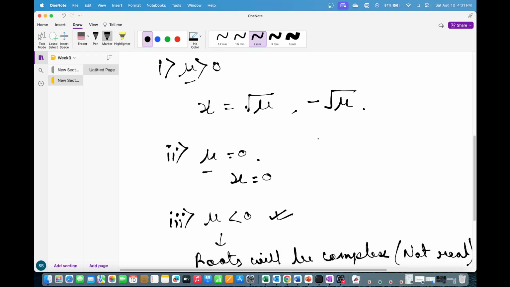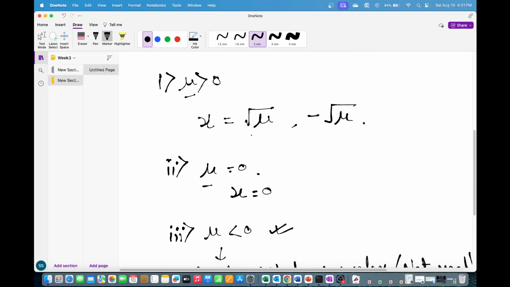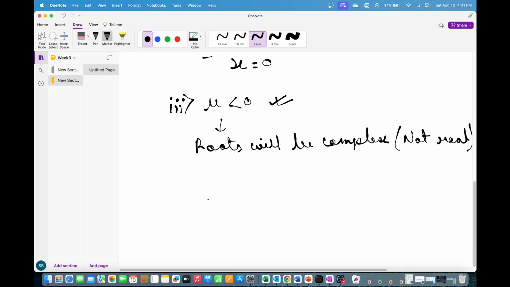So for greater than 0 you have x equal to, let me just write down here.